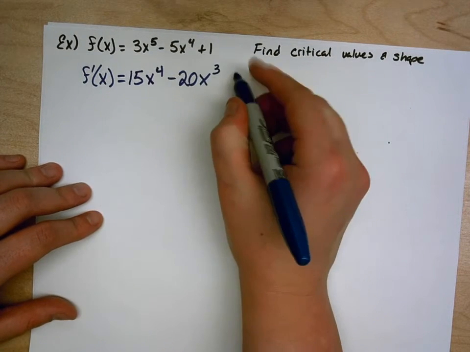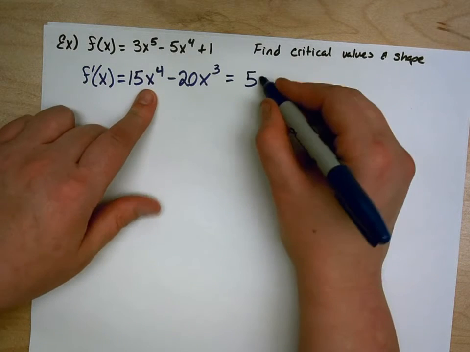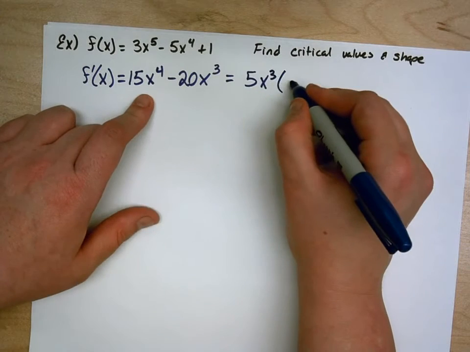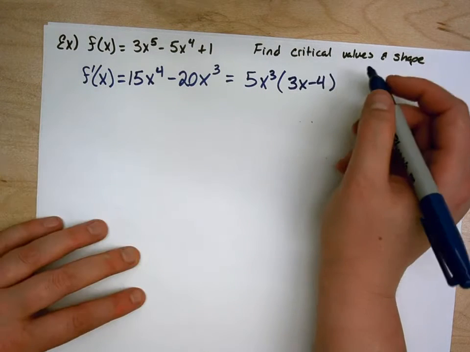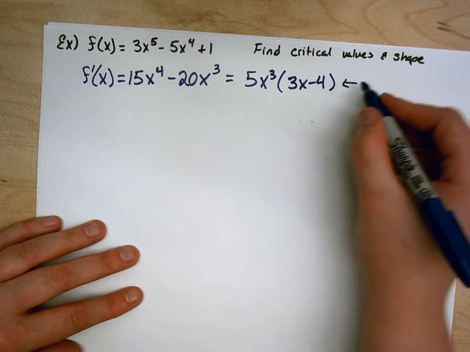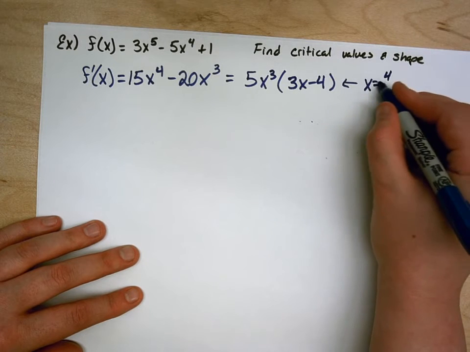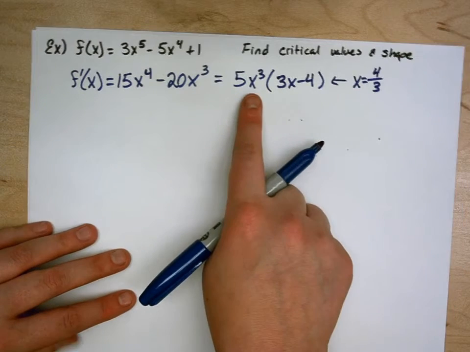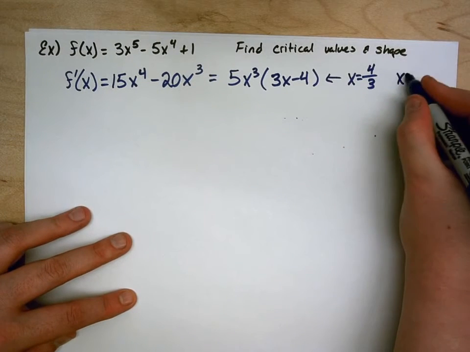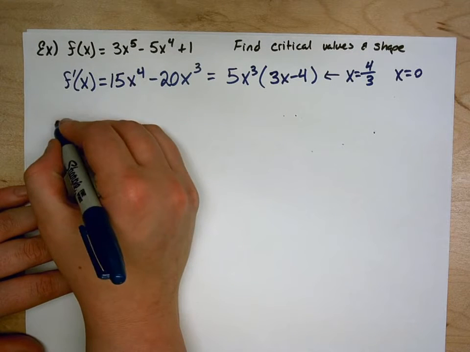I'm going to factor this a little bit. I can pull out a 5, and I can also pull out an x cubed, leaving 3x minus 4. And this equals 0 when x equals 4/3, and don't forget we have this x cubed out here, so it'll also equal 0 when x equals 0. All right, let's go ahead and find the second derivative.